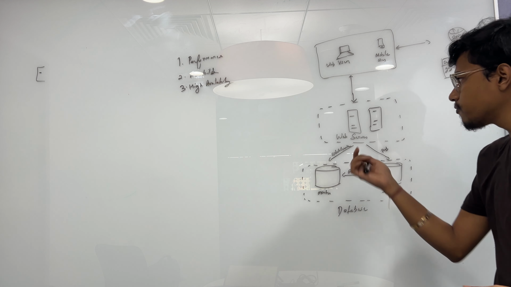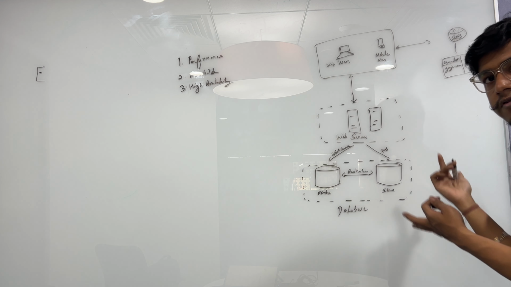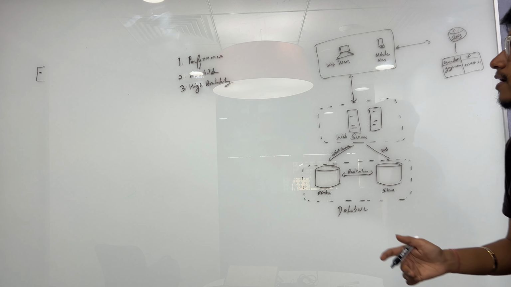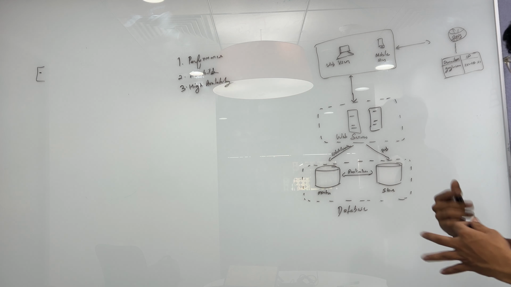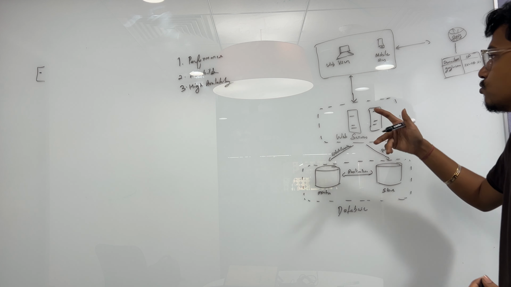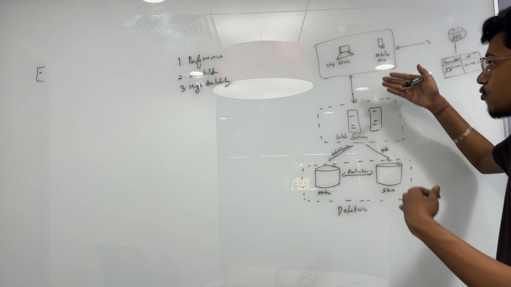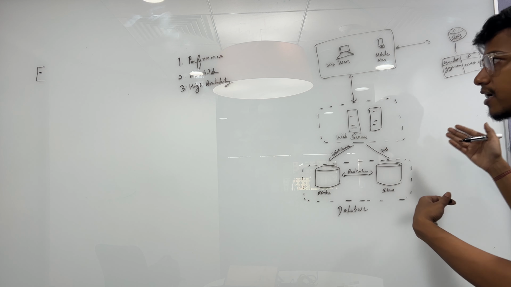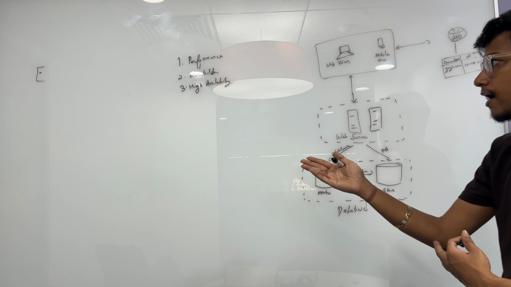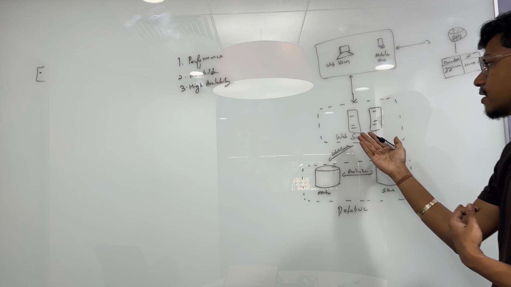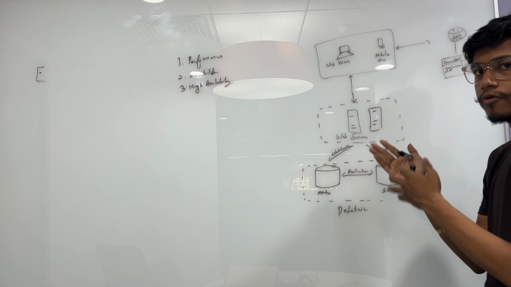Even if one of the servers goes down, we have other servers doing its work, so our application doesn't go down. Similarly, our performance can be improved if we have a lot of users. All of the requests don't have to go to a single web server; they can be divided among multiple web servers. And reliability and high availability, I just explained, right? We don't have to worry about a single database or single web server going down.